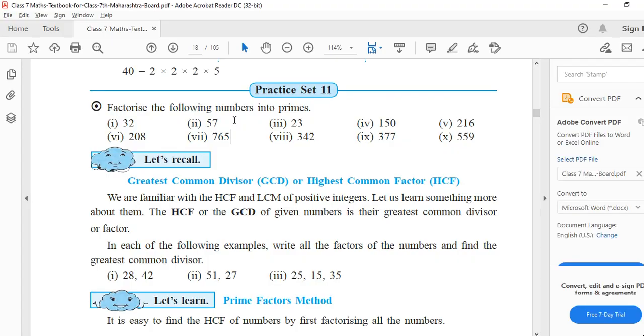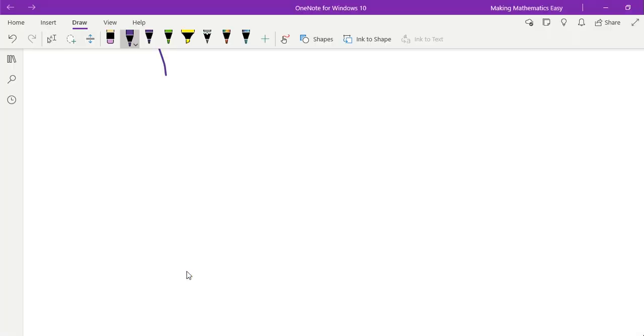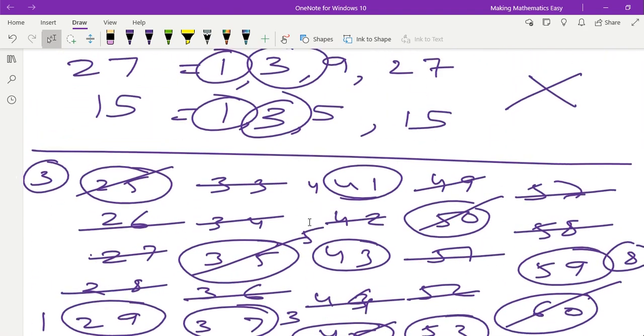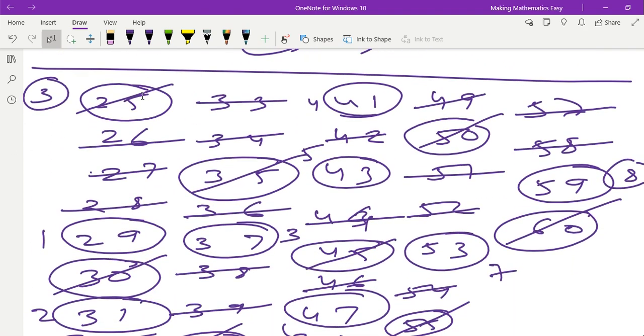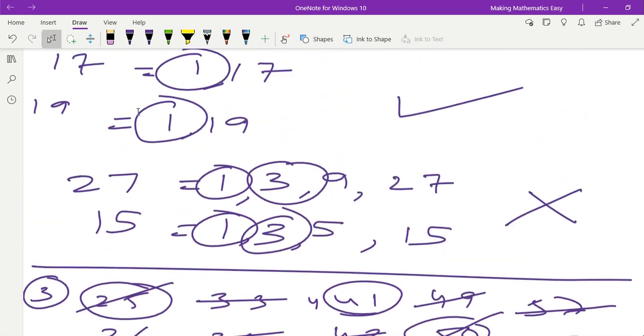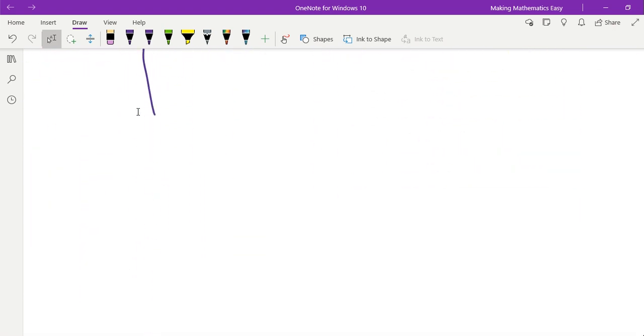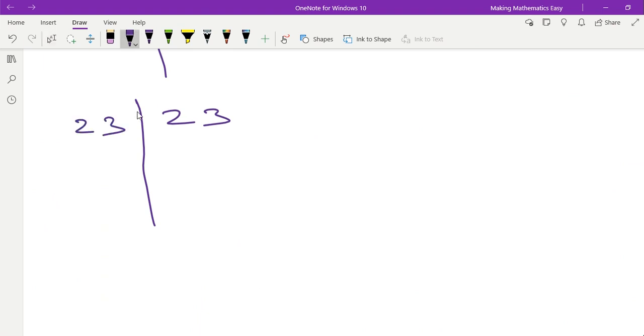Okay, let's take our next number, which is 23. 23 is a prime number, so it is not divisible by any prime number. So the factors are 23 and 1, and the prime factor of 23 is nothing but 23.